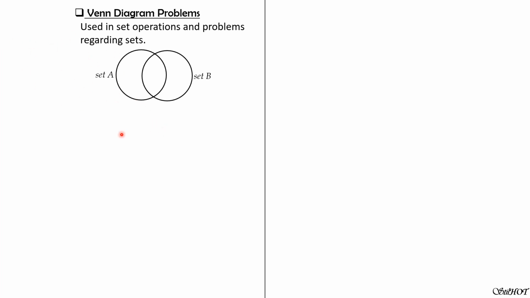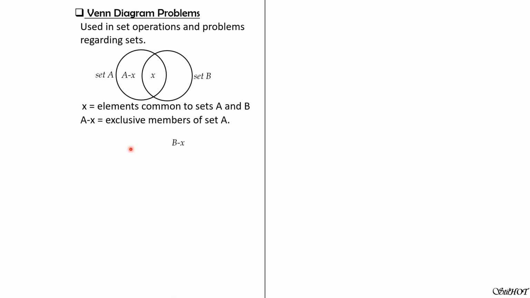So we put X at the area common to the two, and we interpret that as elements common to sets A and B. So therefore, if the total population or total members in set A is A, then this is A minus X, and A minus X are exclusive members of set A, and therefore this is B minus X, which are exclusive members of set B. So that is A minus X, exclusive members of set A, and B minus X are exclusive members of set B.